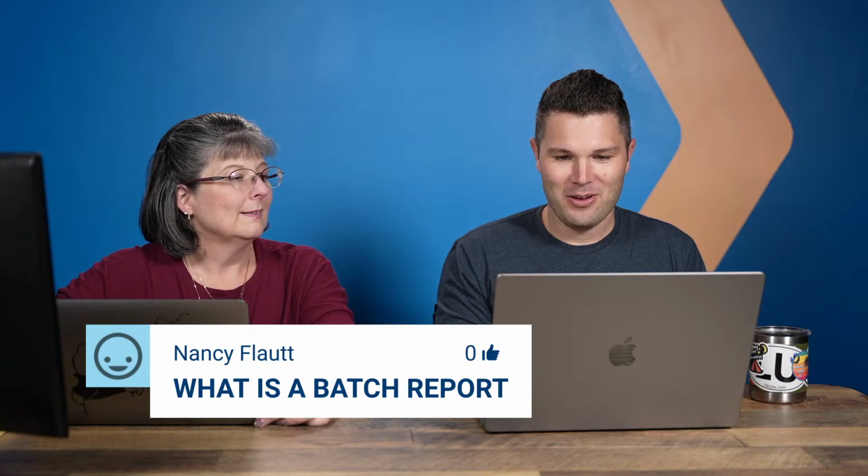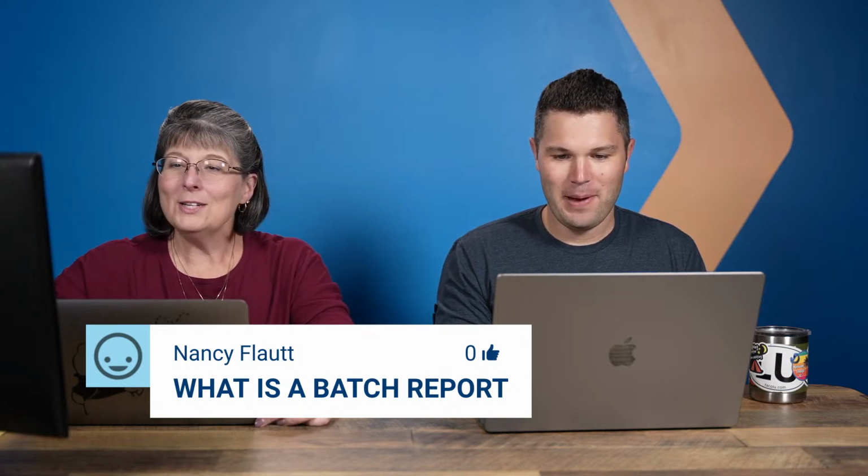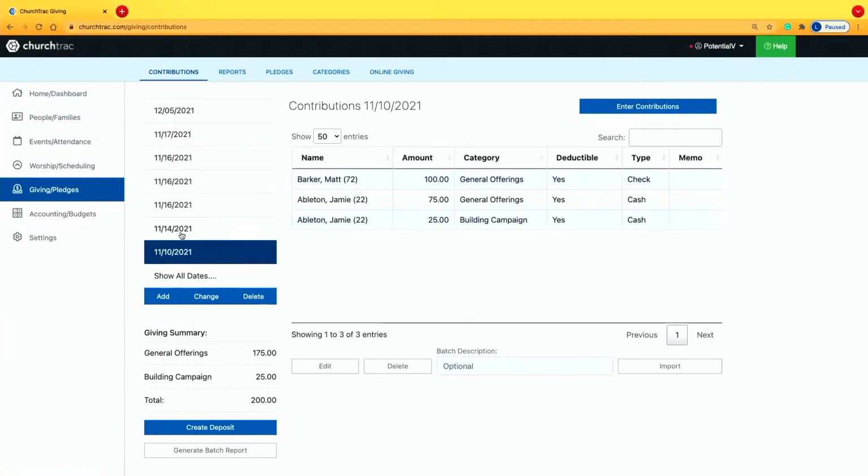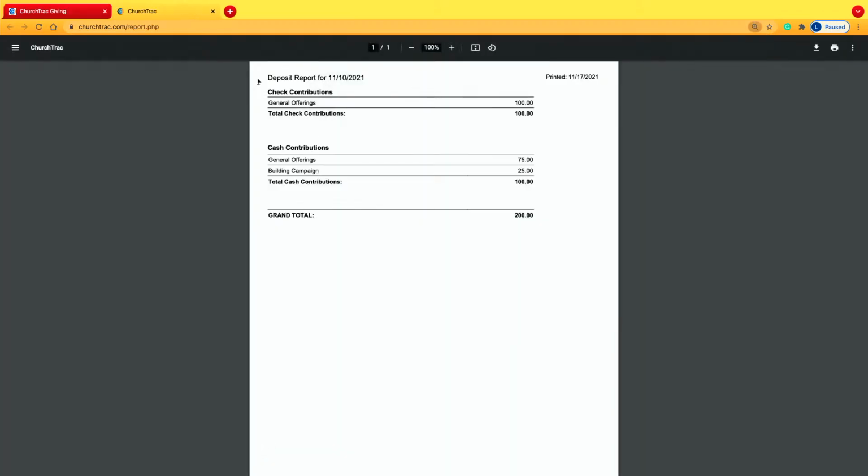All right, question from Nancy: What is a batch report? Good question, Nancy. If I have a giving date in place and I go down, notice I have checks and cash types. Go down here and create my batch report. A batch report is going to tell me how much money I entered per checks, per category, how many cash contributions per category, and give me a total.